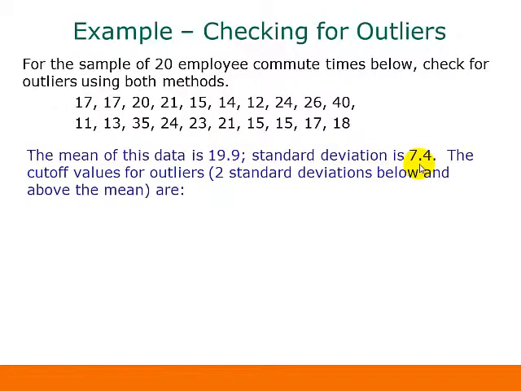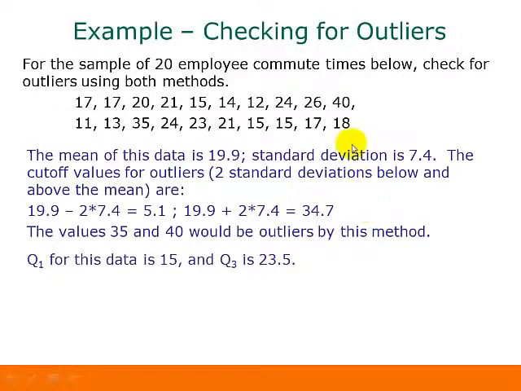If we're using the z-score method and assuming that we're going 2 standard deviations below and above the mean as our cutoffs for outliers, then our cutoff values would be, the lower one would be 5.1, the upper one would be 34.7. So notice here I took the mean and subtracted 2 times the standard deviation to get the 5.1. Here I added 2 times the standard deviation to get 34.7. So those are our boundaries for outliers using this method.